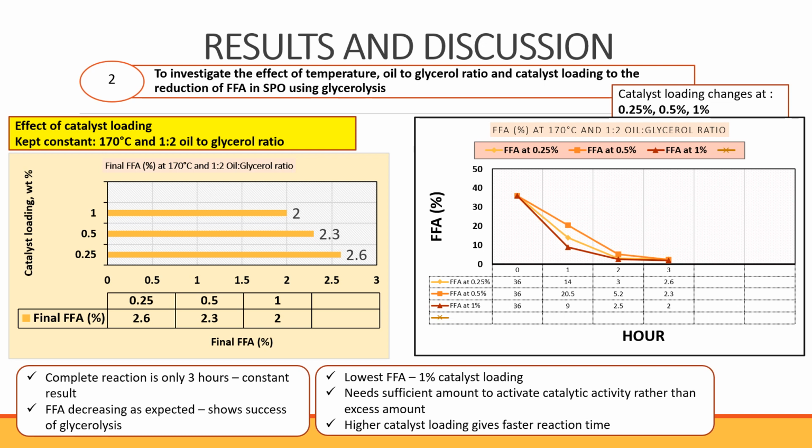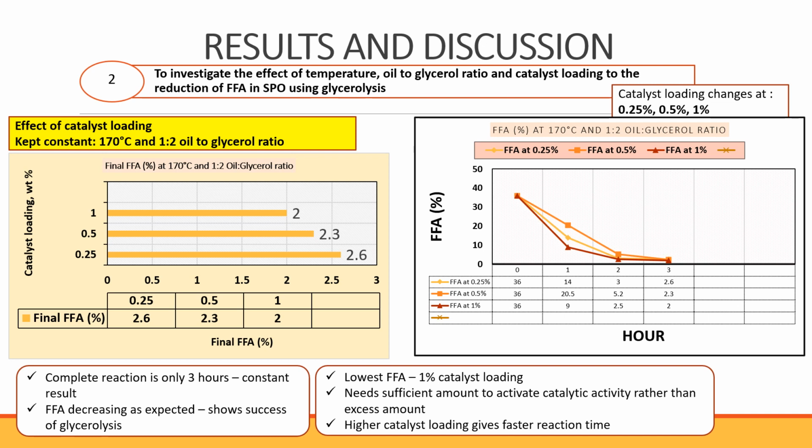From 36%, we can see that the FFA reduced significantly for these three catalyst loadings. Basically the lowest is at 1% catalyst. It shows us that higher catalyst loading gives a faster reaction time, and also shows that the catalytic activity actually helps in this process.